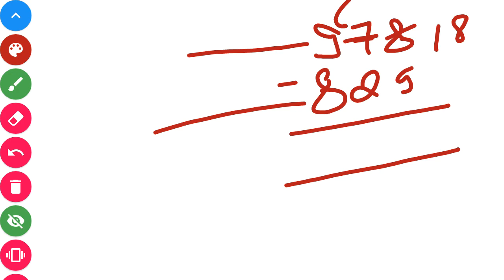Now 18 minus 9. Count after 9 to get 18: 10, 11, 12, 13, 14, 15, 16, 17, 18. We will get 9.